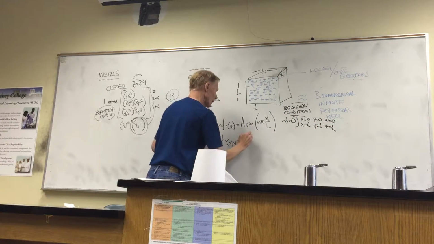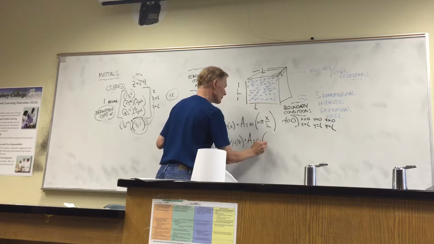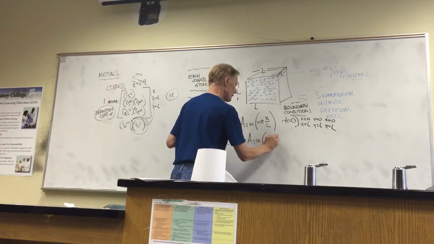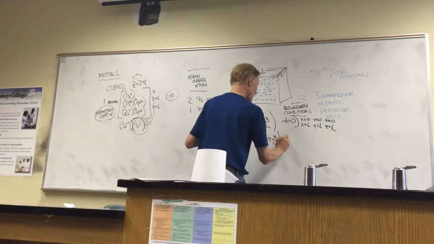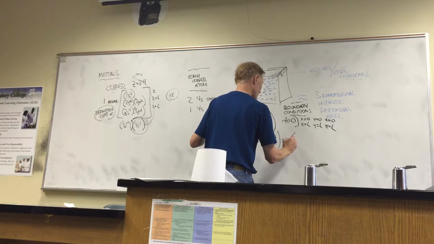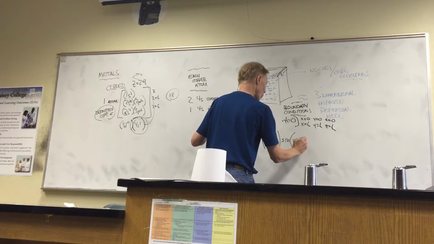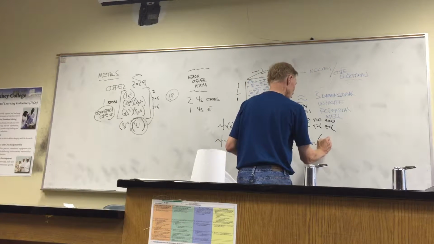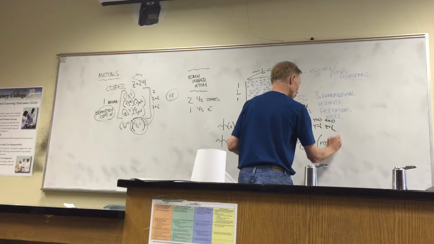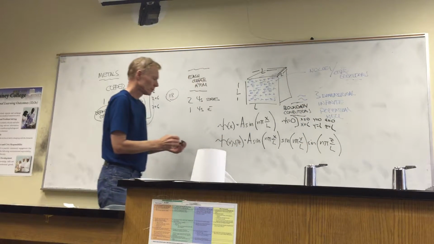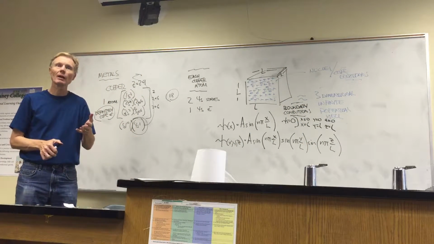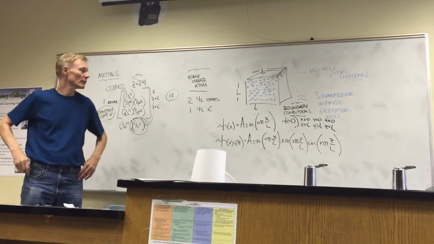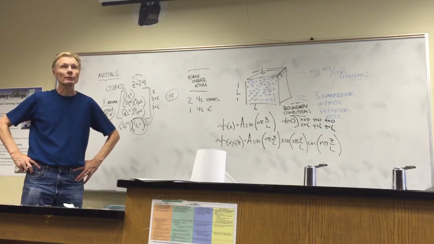And I can meet that by taking a function that is a sine of n pi x over L times the sine of n pi y over L times the sine of n pi z over L. I can just take products of the three wave functions, and that'll work.